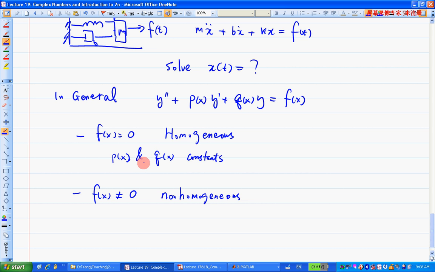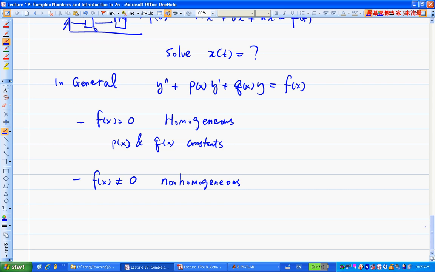In this particular case, we're going to consider both when the coefficients are constant and when they are not constant. Overall, just remember, you have this one is 0 and this one is not 0. The way to solve these two cases is slightly different, but the solution for this one needs the solution based on this one here.